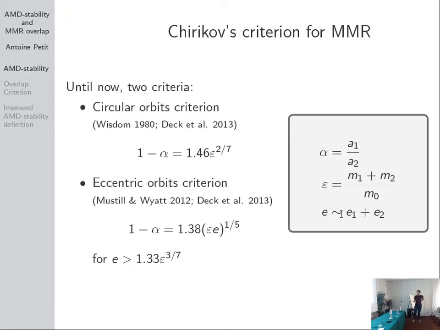The one that is defined for circular orbits depends only on the mass ratio, the ratio of the mass of the planets to the star mass, and the eccentric orbit criterion depends on the eccentricity of the orbit. This criterion was done for a restricted problem, and the Deck criterion was developed for the planetary three-body problem.